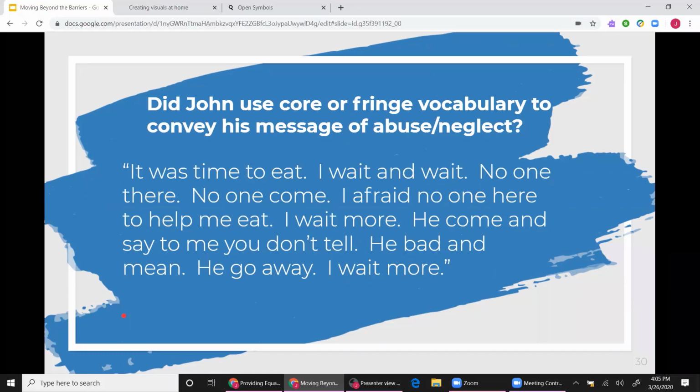He bad and mean. He go away. I wait more." How many nouns are in what he said? It's none. He needed access to those building blocks of language, and he needed exposure to these words in order to stay safe in his environment.